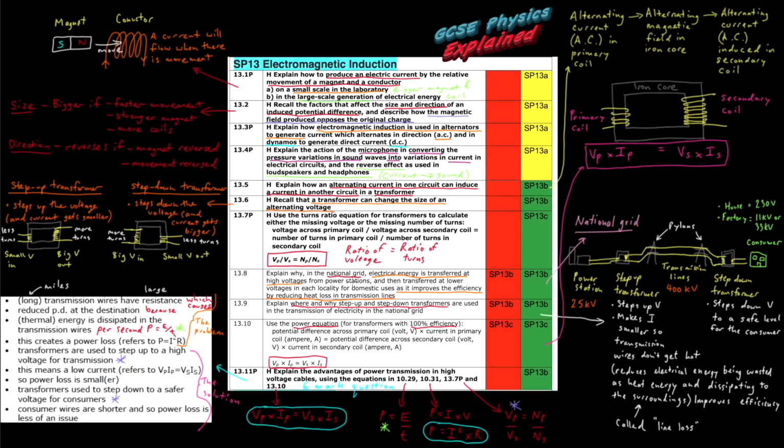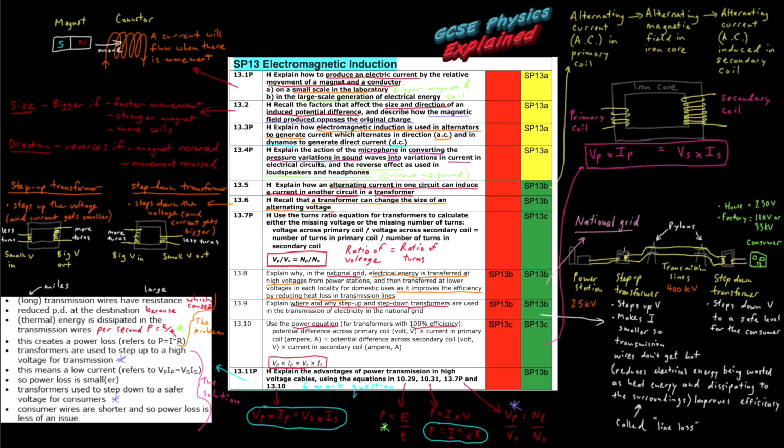Explain why in the national grid electrical energy is transferred at high voltages from the power stations and then transferred at lower voltage in each locality for domestic uses, as it improves the efficiency by reducing heat loss in transmission lines. So that's basically the national grid over here.